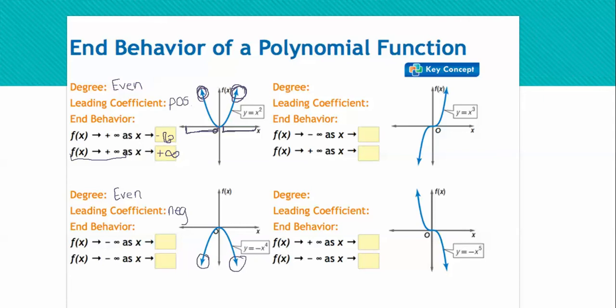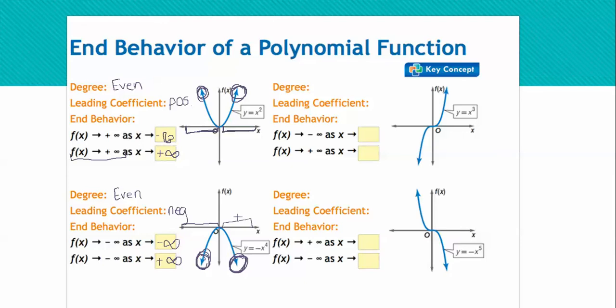When x is on the negative side, negative infinity, my y is also going down towards negative infinity. When my x is positive, on this side of my graph, positive infinity, my f of x, or y, is still facing down.